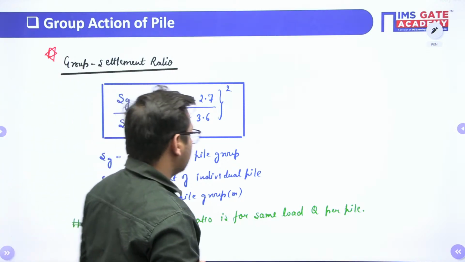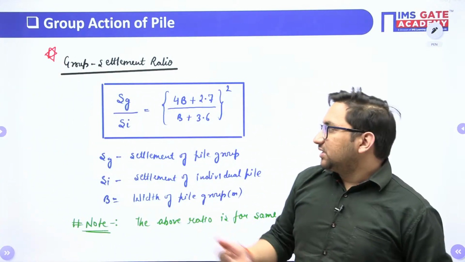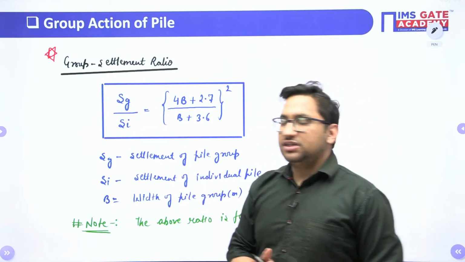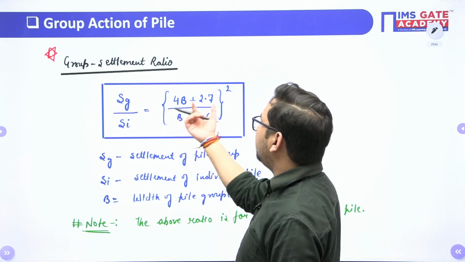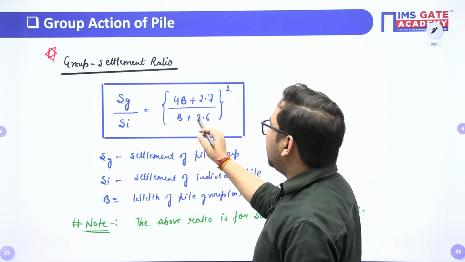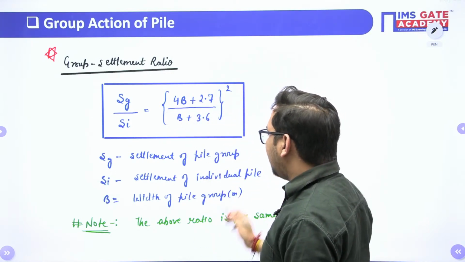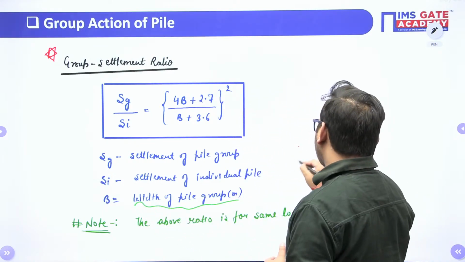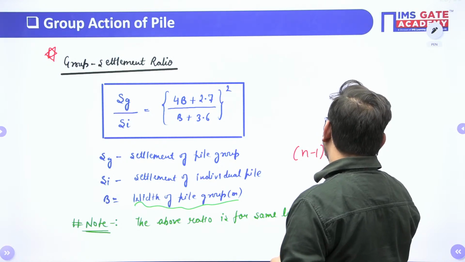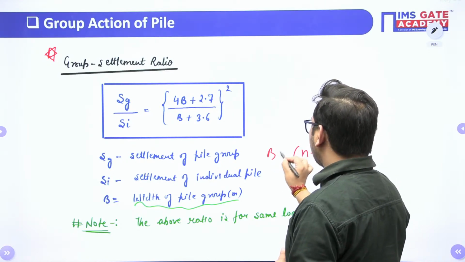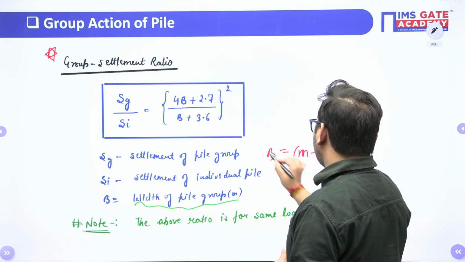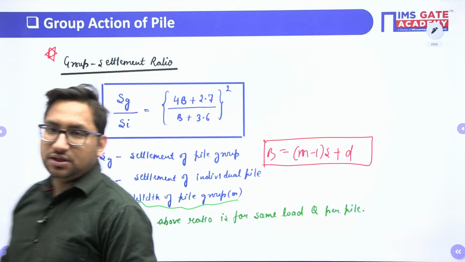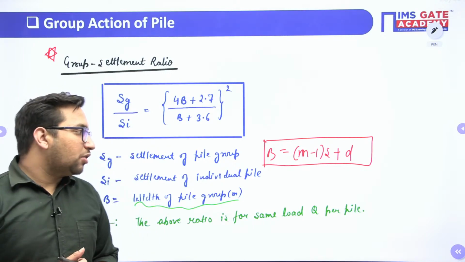It is nothing but the settlement of a group to the settlement of an individual pile, which is given by this empirical relation, (4b plus 2.7 upon b plus 3.6) whole square, where b is the width of the pile group, which we have calculated as (n minus 1) into s plus d. We have calculated it as (m minus 1) into s plus d; either m or n you can use, that is the number of piles either in a column or in a row.